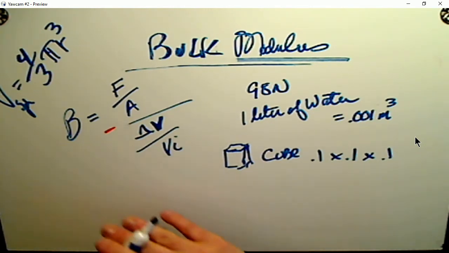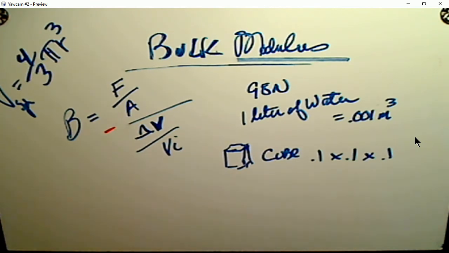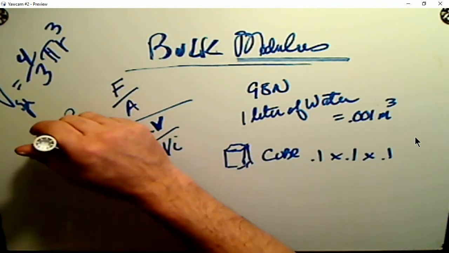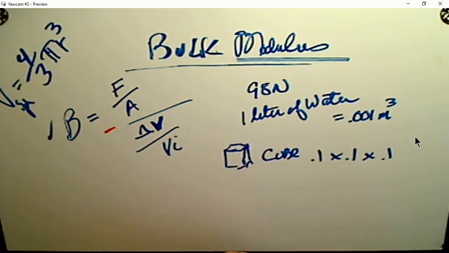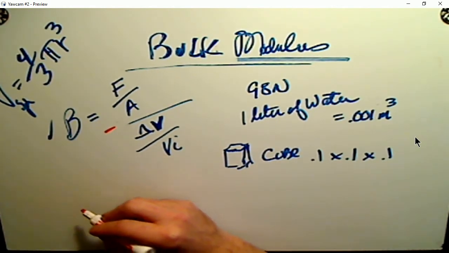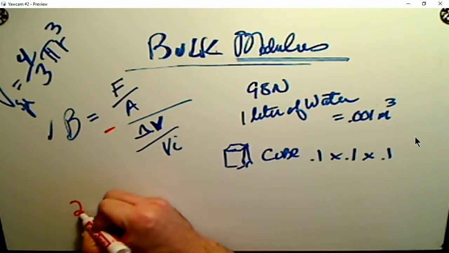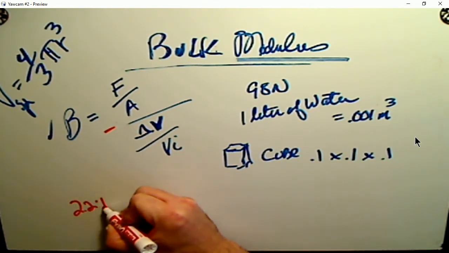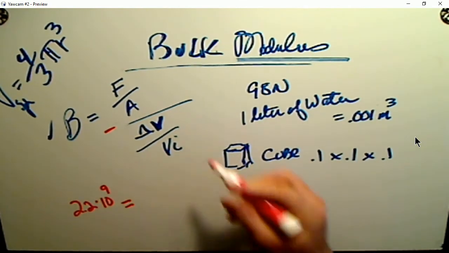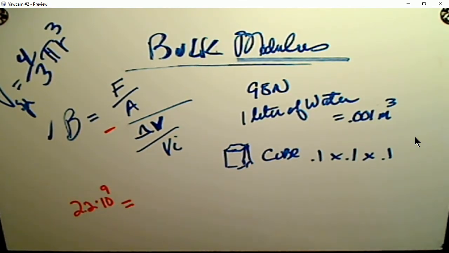So, looking at this equation again, and knowing in the table that we have a bulk modulus for water as equal to 2.2 times 10 to the 9, and that is equal to the force we're giving on this.